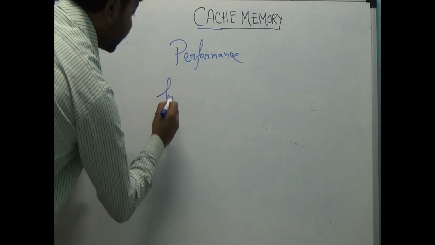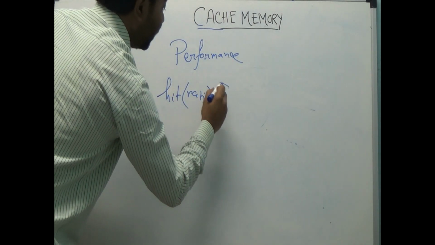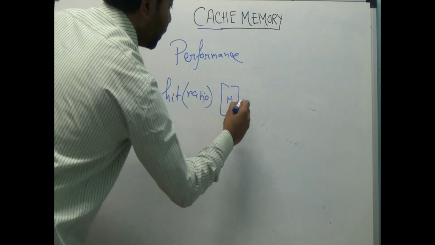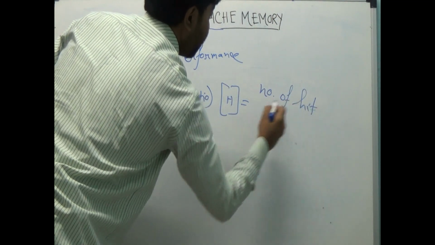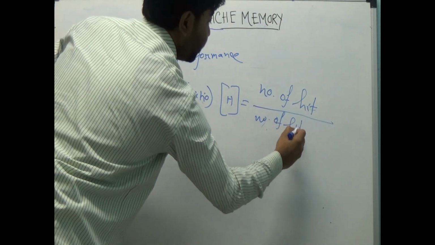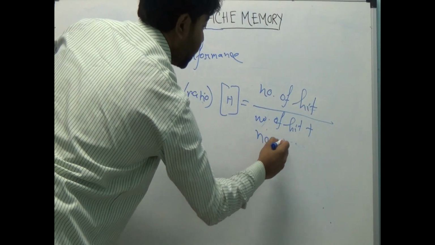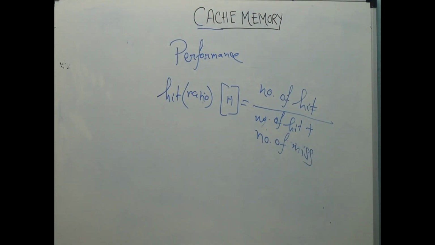So we get here hit ratio, that is denoted as H. H means number of hits by number of hits plus number of misses. So this is known as hit ratio.